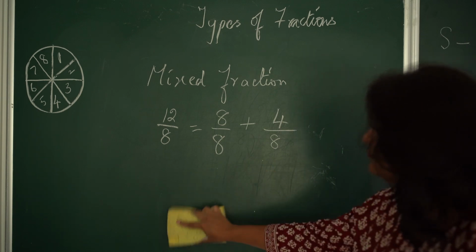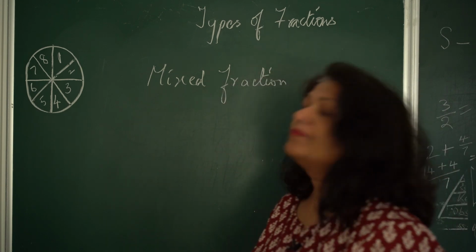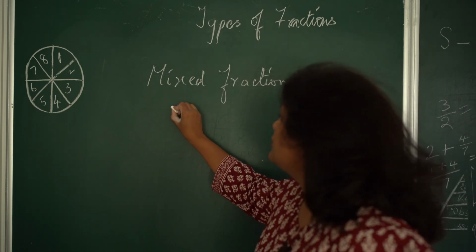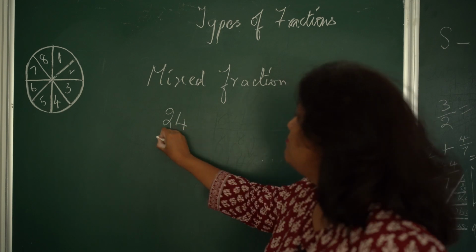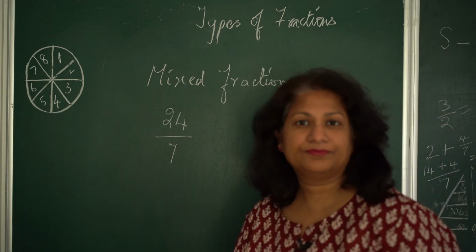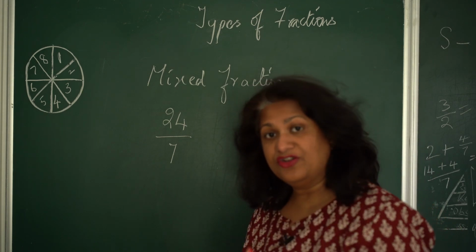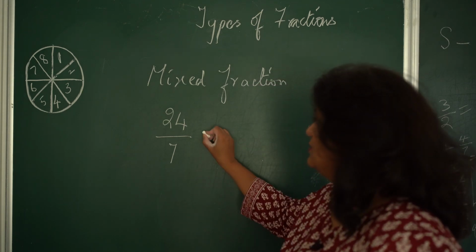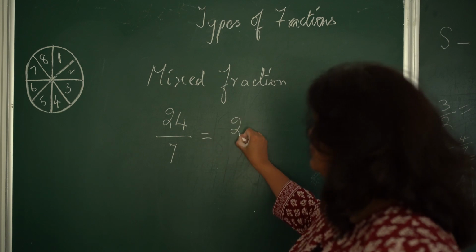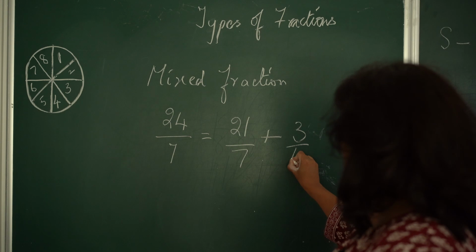Okay, next one. I'll give you one more example. Let's say 24 by 7. If I want this to be a mixed fraction, ideally 21 by 7 plus 3 by 7.